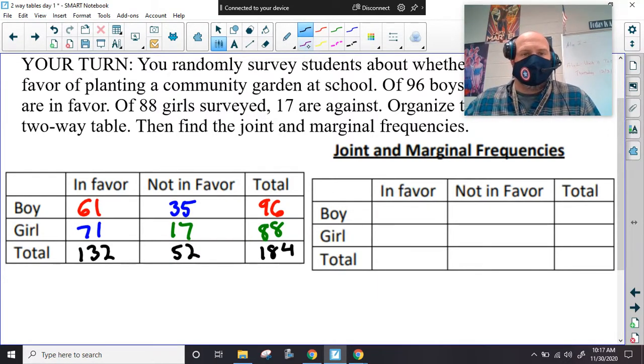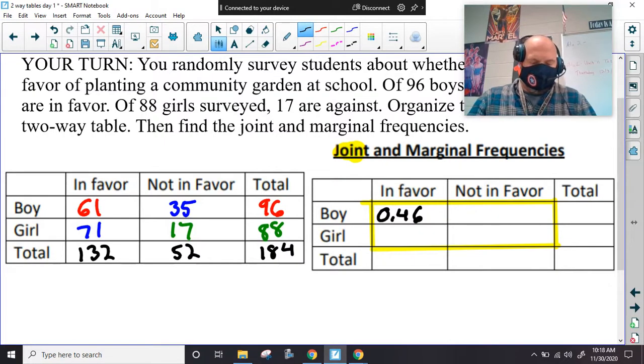All right, so our joint relative frequency, let me highlight this again. That's going to be what's going in these boxes right here. I've used all the colors. So to find the joint relative frequency, if it's a boy and they're in favor of it, so 61 divided by 132, I get 0.46.